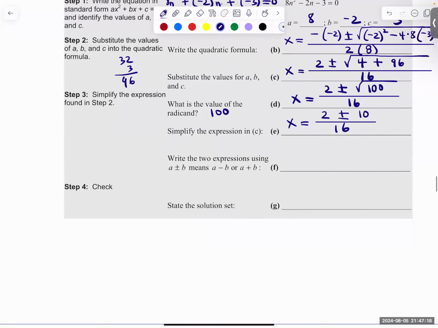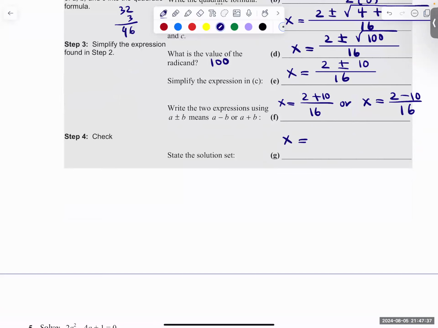So we have either x equals 2 plus 10, which is 12 divided by 16, or x equals 2 subtract 10 divided by 16.